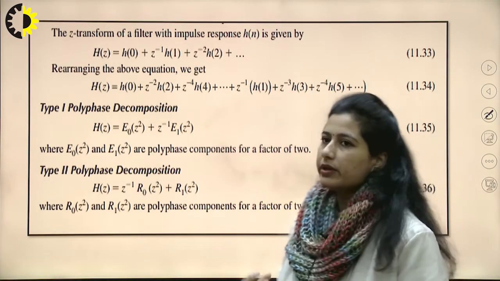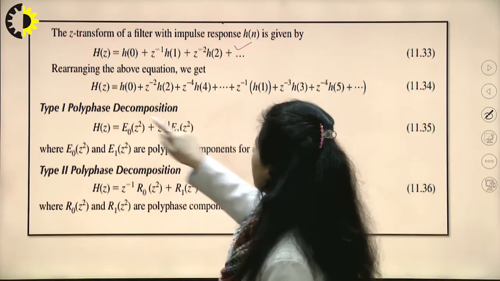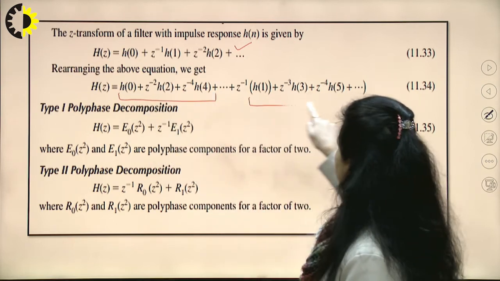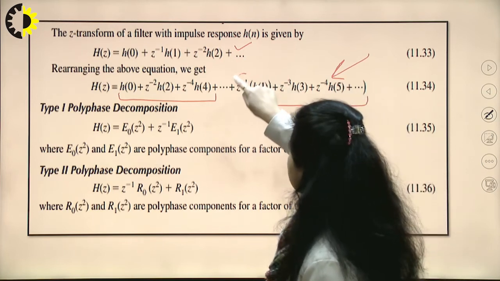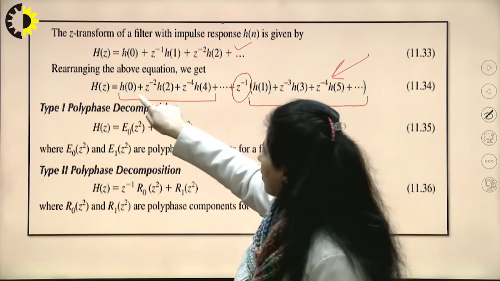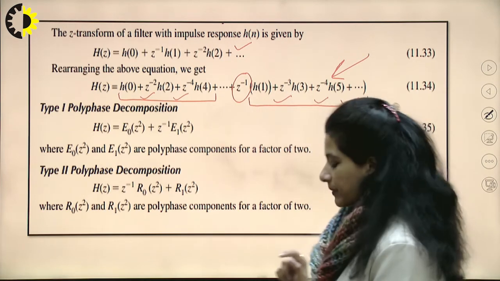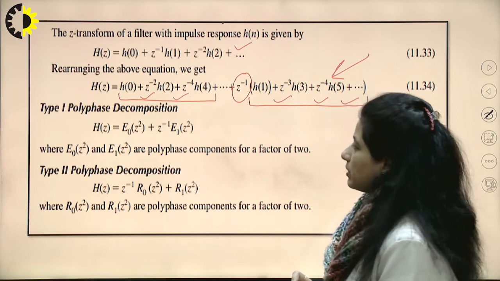This is only a rearrangement of the given equation. If this is my given equation, I can divide it into two sections, even values and odd values. From this odd value bracket, I can take Z inverse common so that all the inner values would have the same power of Z. This is going to give me less complexity in the structure.